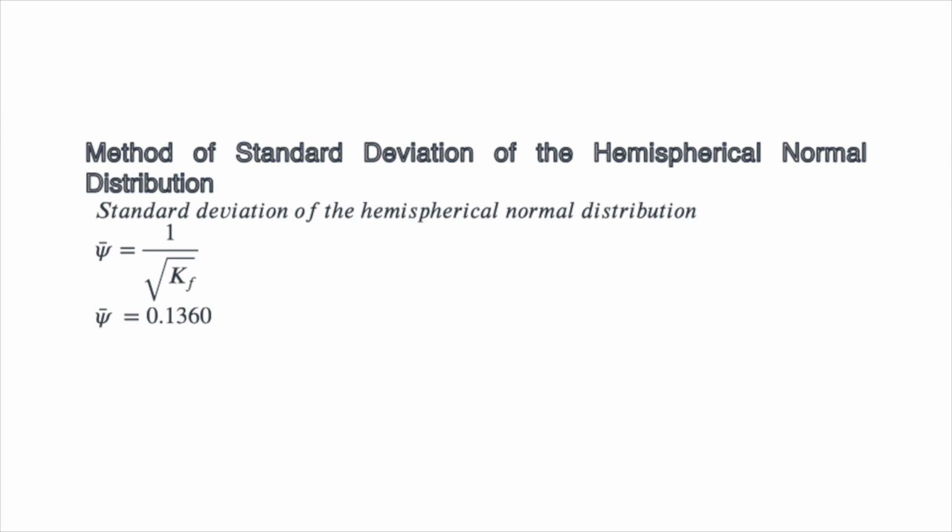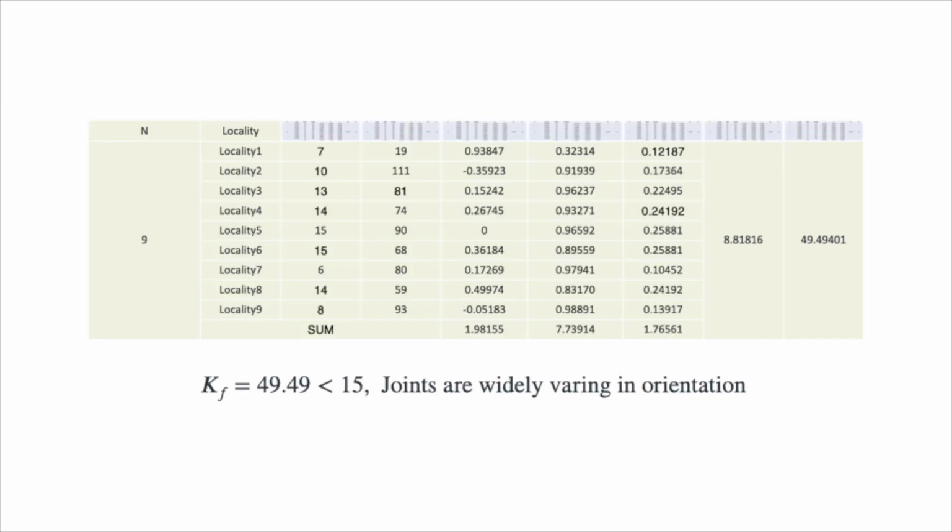This is a method of calculating the standard deviation of the discontinuity plane distribution using the K and F values. The standard deviation is calculated as C equals 1 over root KF and the result is 0.1360.